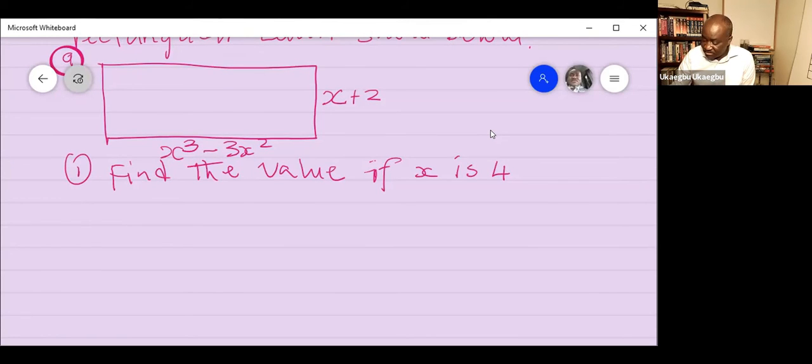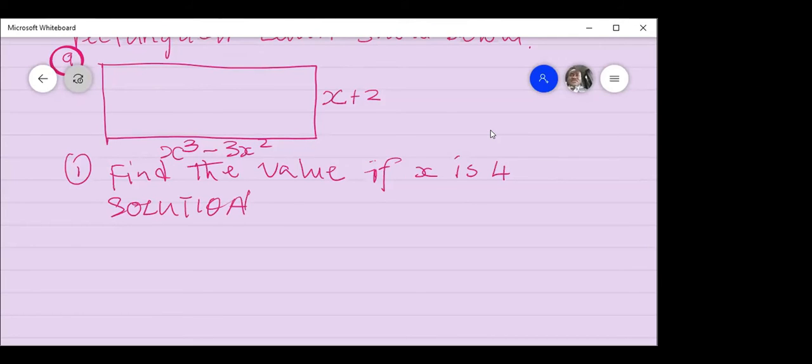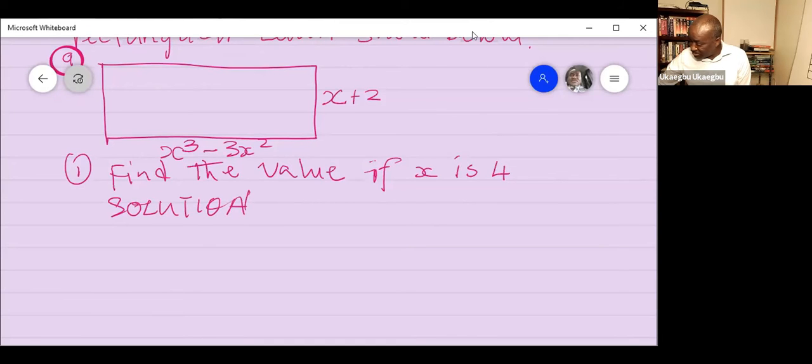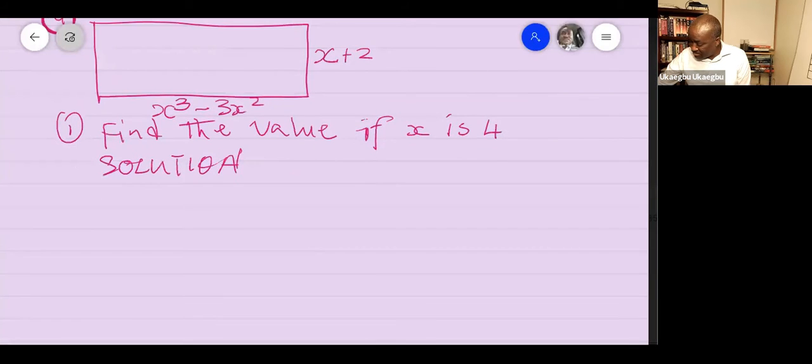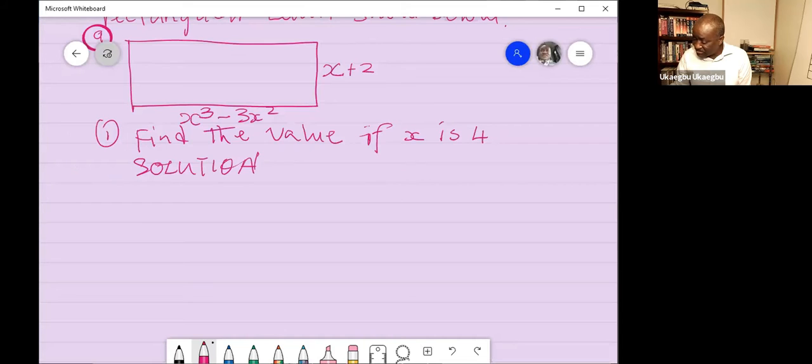What's the formula for area? Length times width. Based on what we have on the board, there are two functions right here. One is f of x, and the other is g of x.